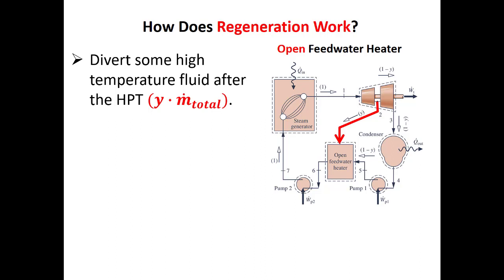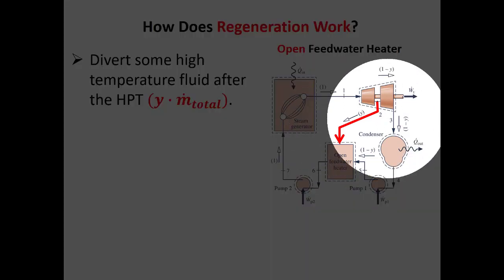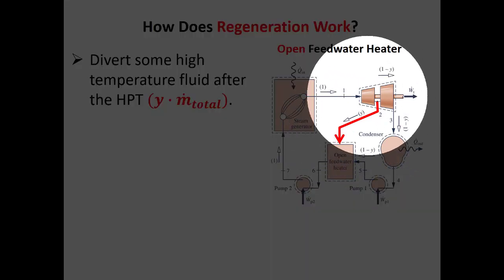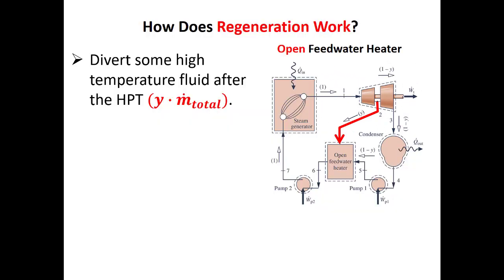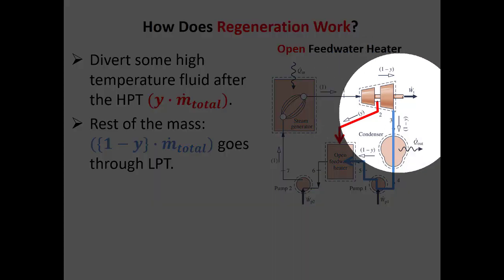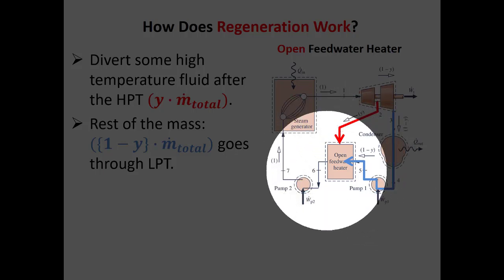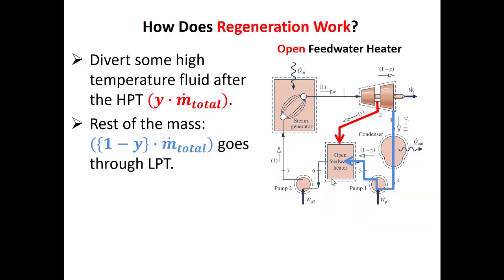So maybe 20% of the mass comes out here. And that means the mass flow rate through this second turbine is different than through the first turbine. So conservation of mass in these regeneration cycles is going to be important, right? Because if we take, say, 20% of the mass out after the first turbine, that means 80% of the mass goes through the second turbine. And if you follow the line, it also goes through the condenser and through this first pump. But then the flow gets back together here in the open feedwater heater.